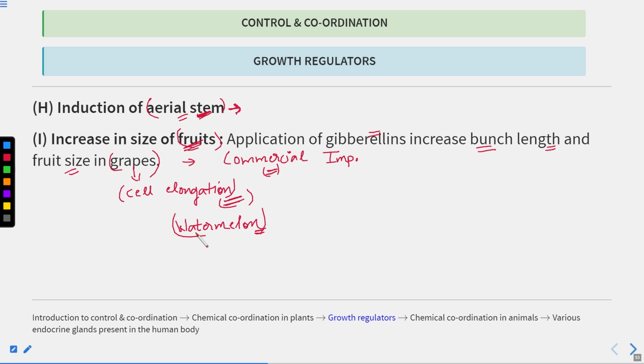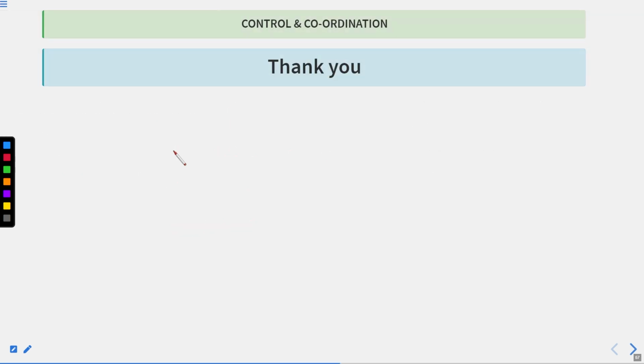Clear? So till now we have studied the role of auxins as well as gibberellins. These are the two growth promoters that are used in tissue culture also, and they have a lot of commercial importance. This was the end of this session, and in the next session we will be discussing the function of cytokinin, as well as ethylene and abscisic acid.